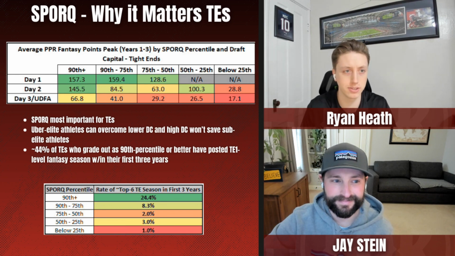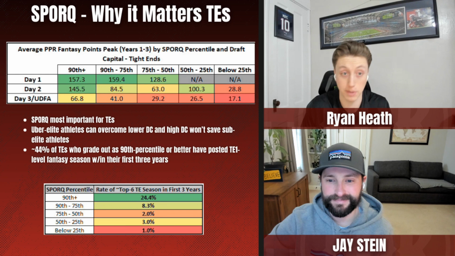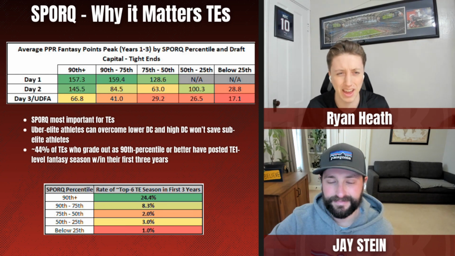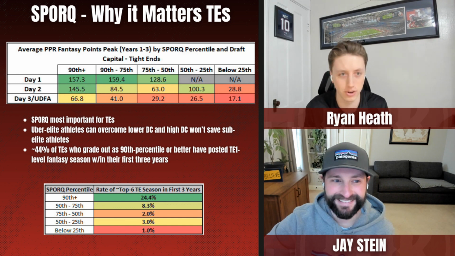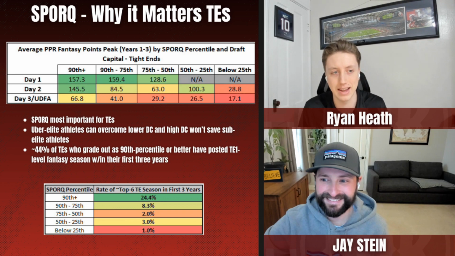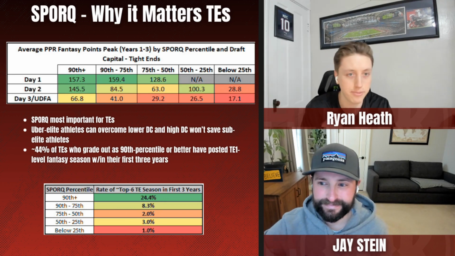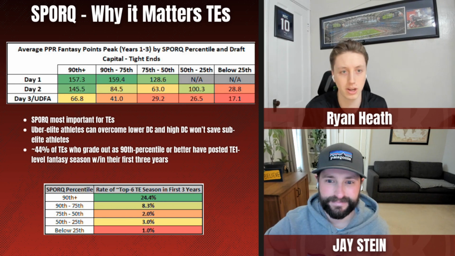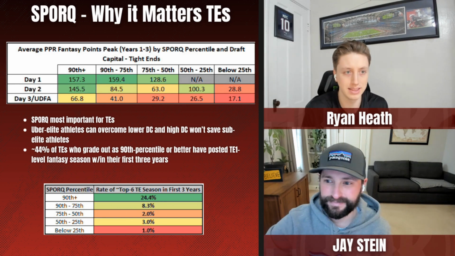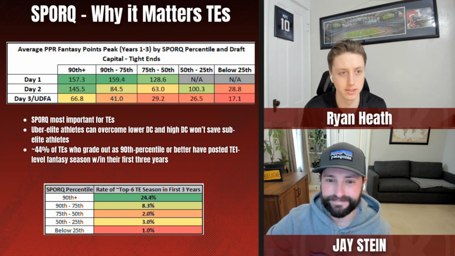That tells us that, especially with a deeper tight end class, like we thought we had this year, though I'm a little less sure about that now, there are certain tight end classes where guys are falling into day 2, right? And we can at least say from this research that if they're hyper athletic by Sporq, even if they fall to day 2, they still have very high NFL ceilings.